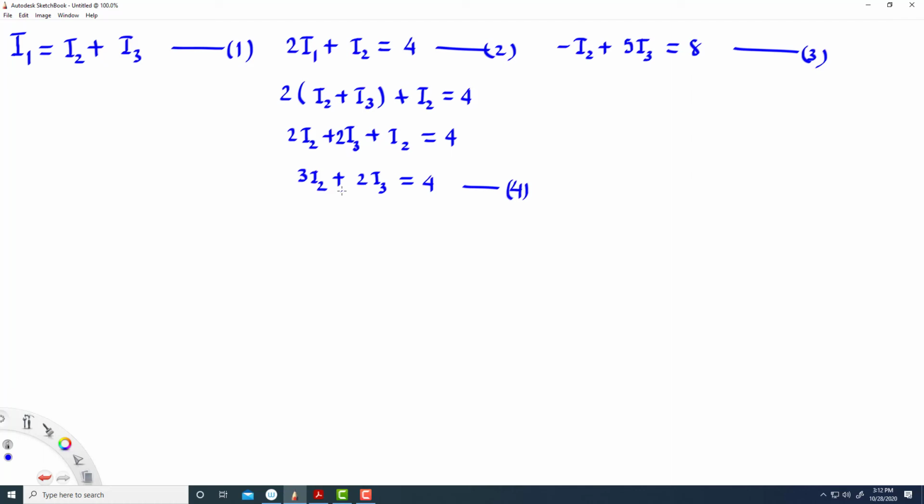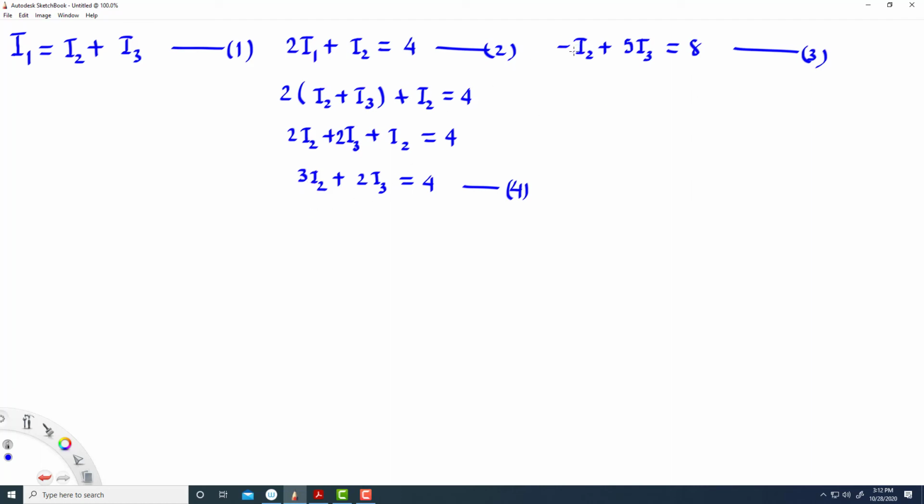We now want to solve 3 and 4, because both are in terms of the variables I2 and I3. To solve these two equations, we want to make one of the terms the same so that we can cancel the term. We can cancel I2 and I2.